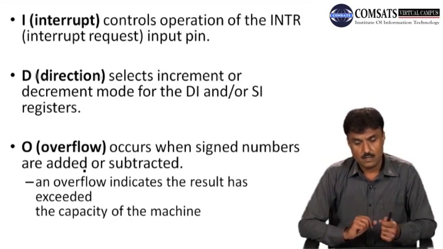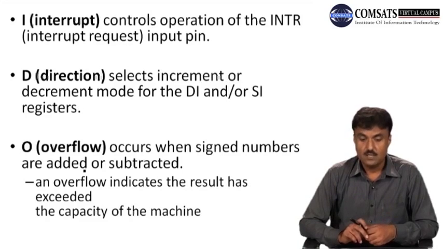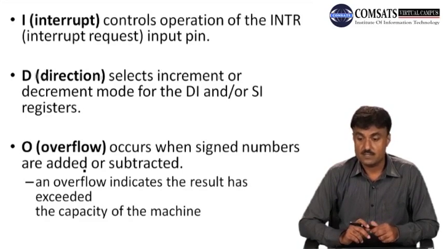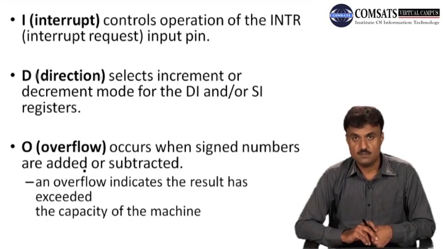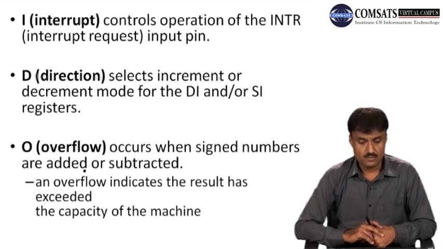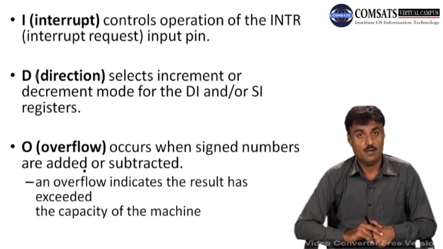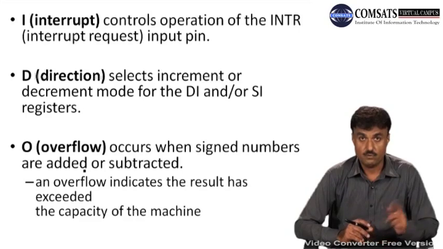The next one is called the overflow flag. This overflow flag occurs when signed numbers are added or subtracted, as we discussed in the addition and subtraction of binary numbers. So this overflow bit indicates whether there was overflow or not. In case of overflow, it will be 1.